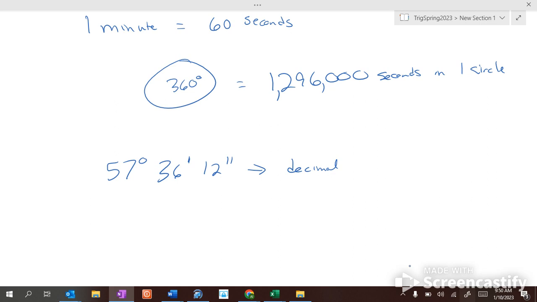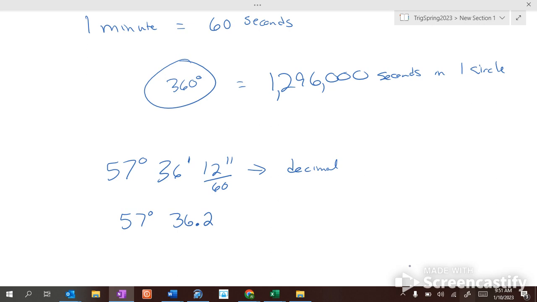Well, how many seconds are in a minute? 60. So we divide this by 60. What's 12 divided by 60? 0.2. So we add the 0.2 onto the 36 minutes, because 12/60ths of a minute is 0.2.